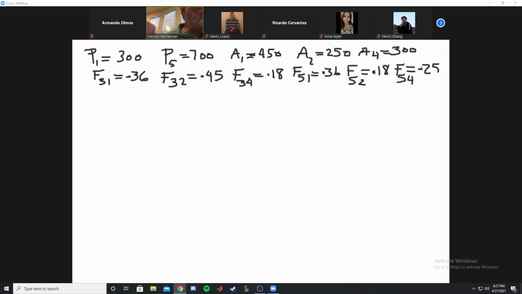So these were given. You have to use the gravity model. So the formula was Tij is equal to Pi Aj Fij Kij over that summation.